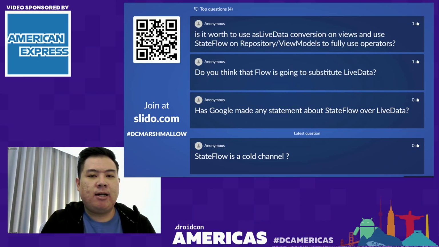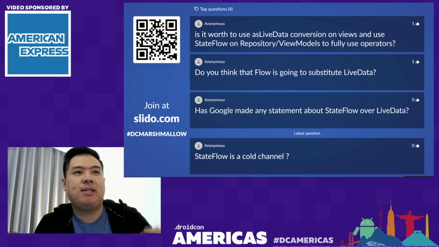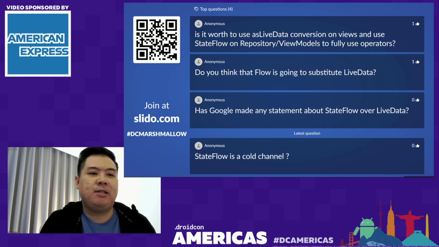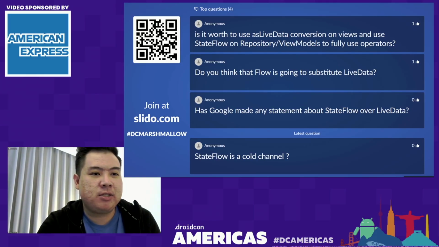If the data collection can be done with StateFlow, why should we use asLiveData and then use an observer? Maybe there's a consideration where we prefer to still use live data, but I don't see any strong argument or strong reason for that. So is it worth it? I don't think so. Okay, that's for the first question.